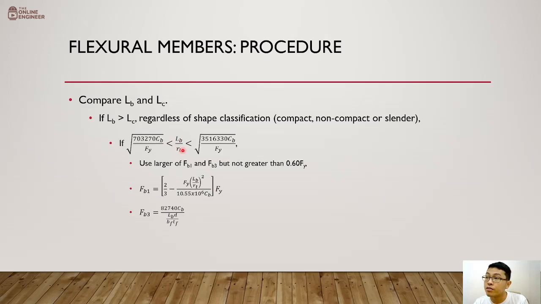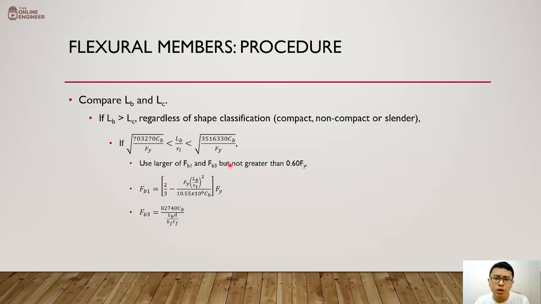RT, we have a formula for this later on. So we determine this square root of 703,270 CB over FY, and the other limit, which is square root of 3,516,330 CB over FY. If our LB over RT falls under this condition, we use the larger of FB1 and FB3, but not greater than 0.6 of FY.